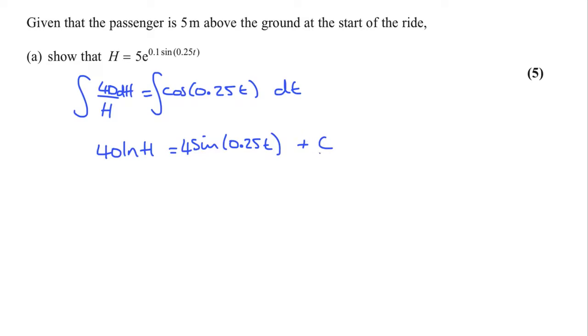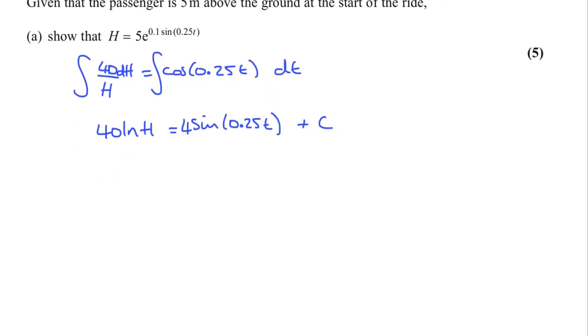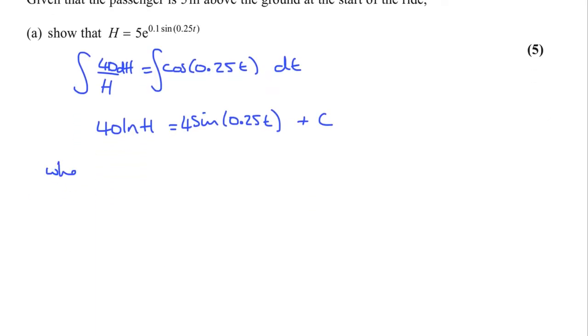We need to find this c value, but it says that the passenger is 5 metres above the ground at the start of the ride, and t represents the time after the start of the ride. So we can say that when t is equal to 0, h is equal to 5. That's going to allow us to find c.